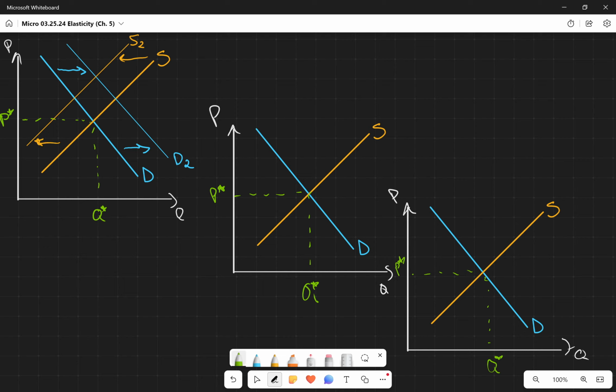So now our new equilibrium is up here, right? We're all clear on that? So that's S2 and D2, and then this is going to be P double star.